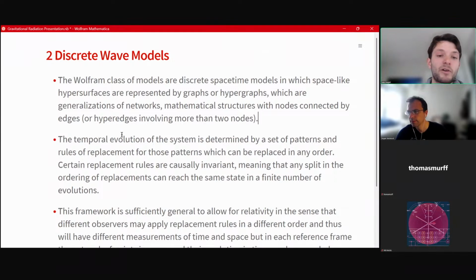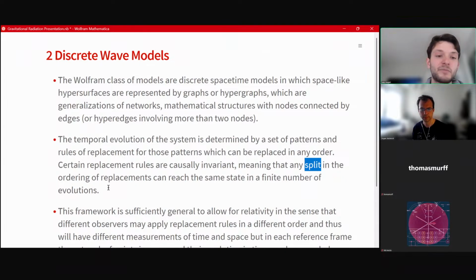And so the temporal evolution of the system is determined by a set of patterns and rules of replacement for those patterns. And you can choose to replace in any order. But certain replacement rules have this useful property of being causally invariant, meaning if we chose a different order of replacement of some pattern in this network, we can always get back to the same network from each of those branches that split off, in a finite number of evolutions.